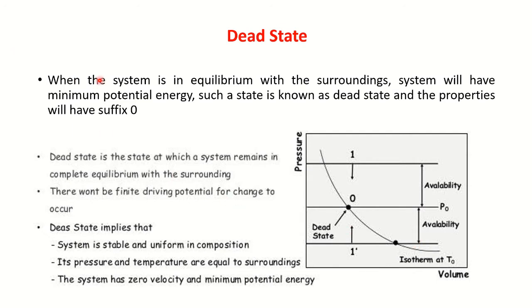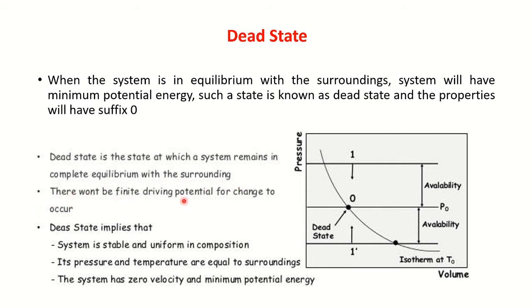As I mentioned, when the system is in equilibrium with the surroundings, the system will have minimum potential. Such a state is known as the dead state, and the properties will have suffix 0. You can go on expanding till it reaches the dead state. There is a maximum expansion possible. Dead state is the state at which the system remains in complete equilibrium with the surroundings.